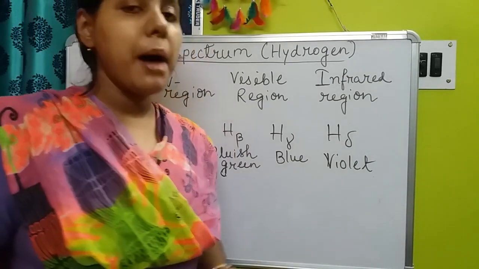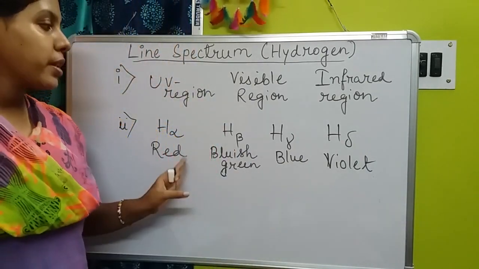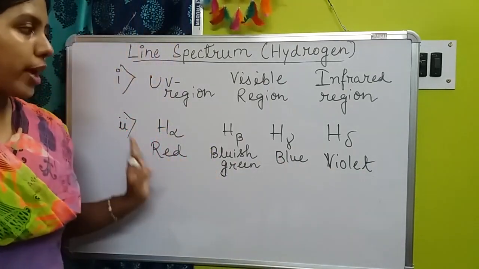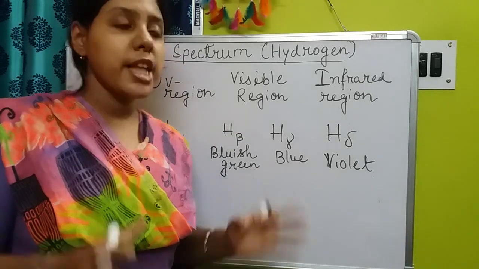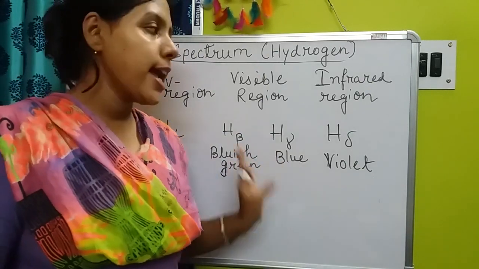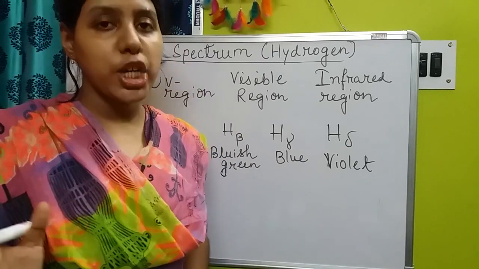After that Balmer tried to calculate the wavelengths of these four distinct lines, and for this he used Rydberg's equation.